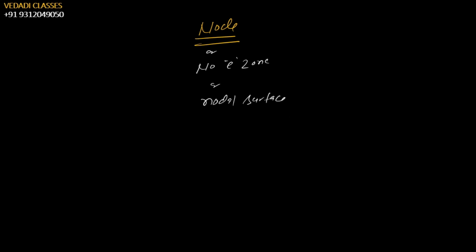Now, this nodal surface, or the no electron zone, how do we find out how many types there are?